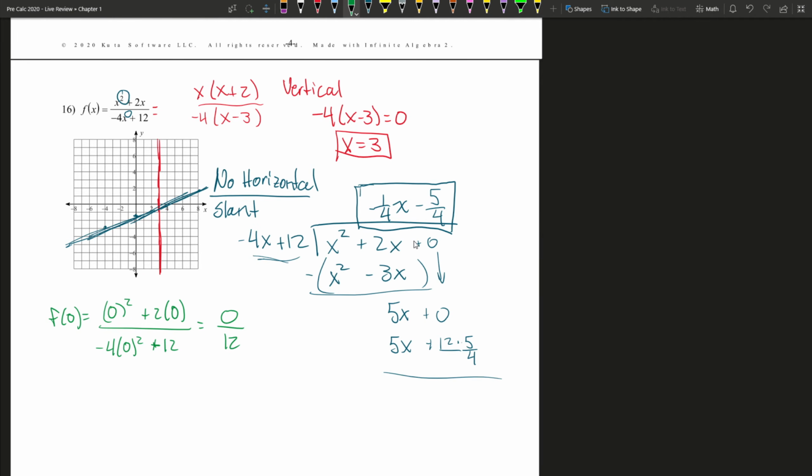That's equal to 0, which is going to be above our blue line, so our graph is going to look something like that. And then we test something to the right of 3. So let's plug in 4.